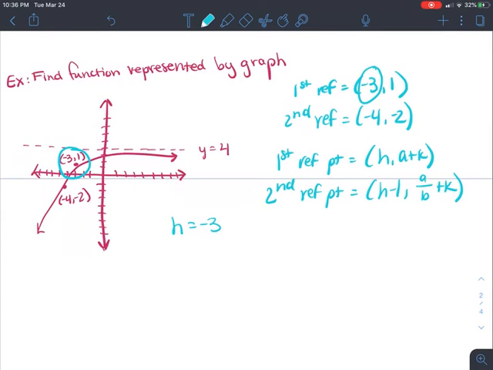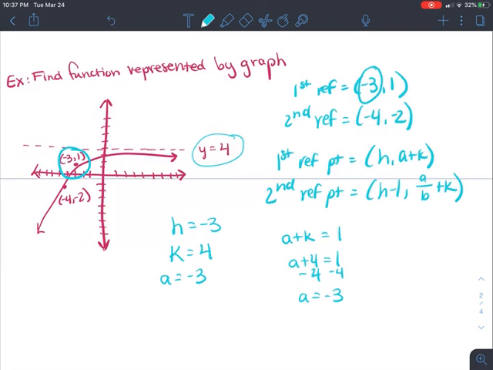So a plus k equals 1. I can see that my asymptote is 4, so k equals 4. So a plus 4 equals 1, subtract 4, a equals negative 3. Finally, I can find b by plugging this in.